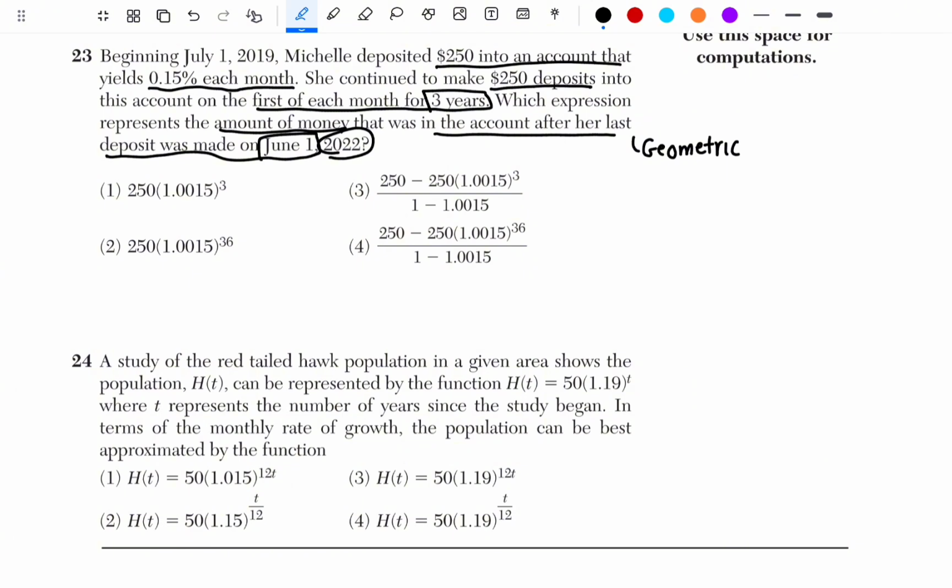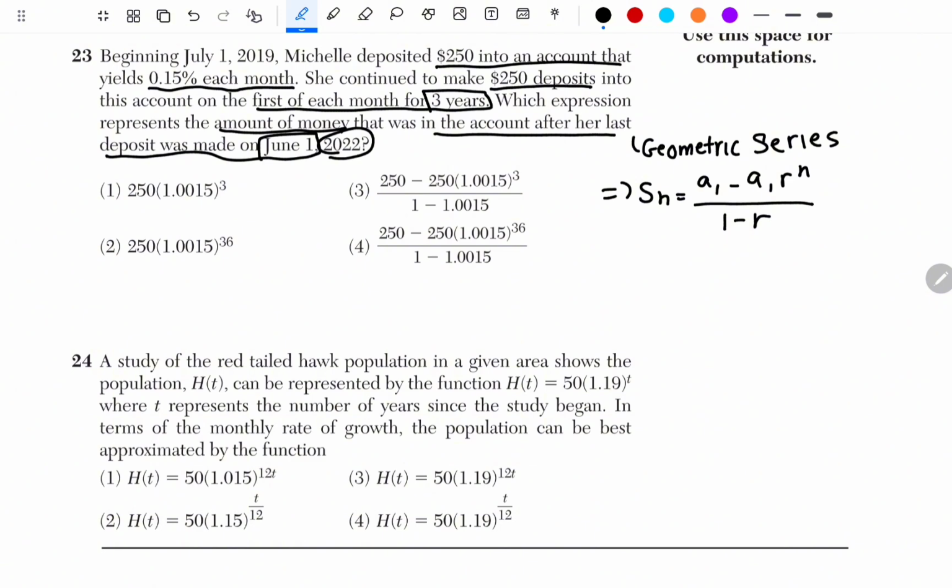And so we know it's going to be a geometric series question. And we know that the formula for a geometric series, and if we forgot, remember that it's in our reference table, is Sn equals A1 minus A1 R^n over 1 minus R.